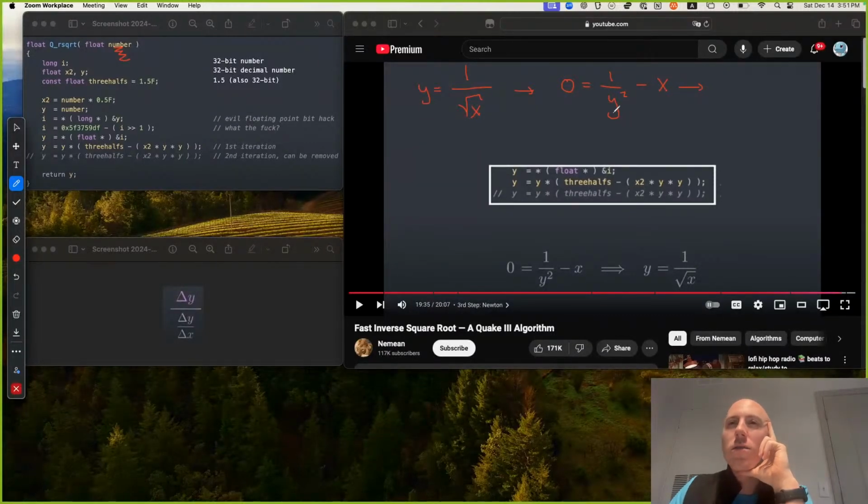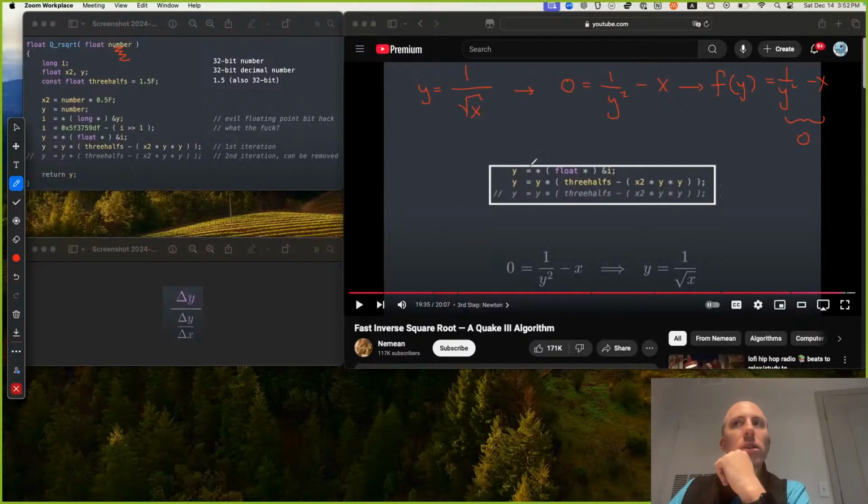Because y is the variable here, we could test different values for y, and it's going to get closer or further away from 0. So we can say this thing is a function of y at this point. And we're trying to find the y such that this thing evaluates to 0. And that's what Newton's method does.